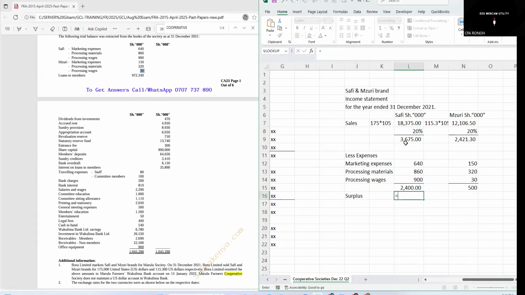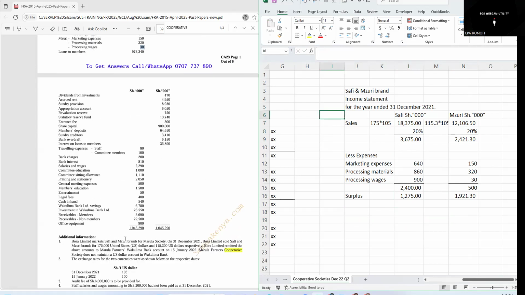So our surplus will be this minus this, and it should be the same with this. You only need to remember you still have the balance to account here, which we'll have to pay to members.